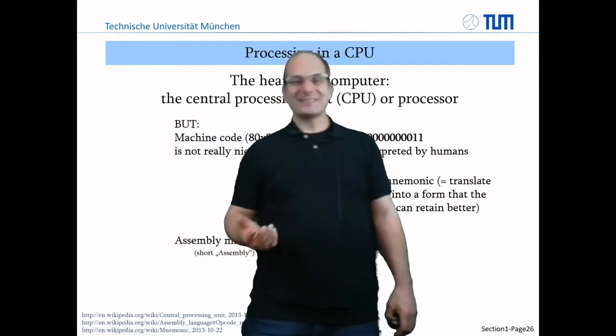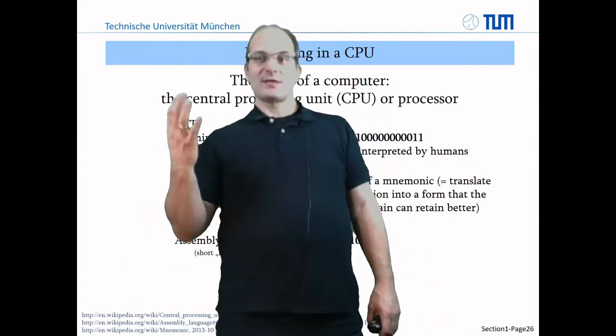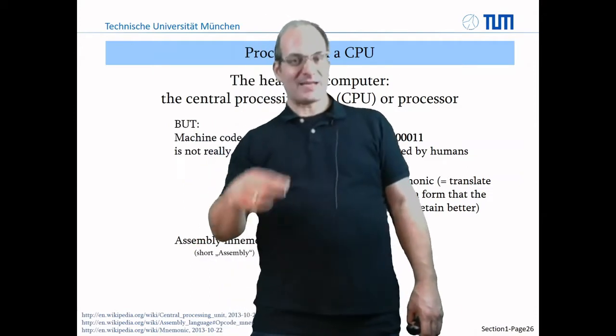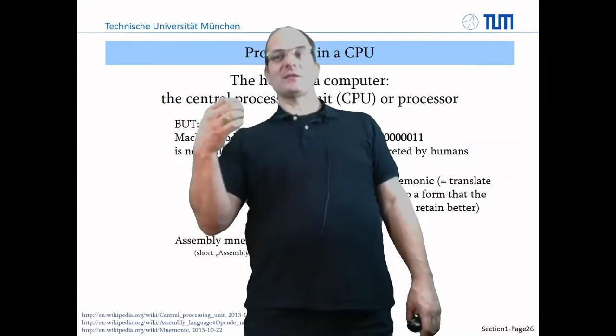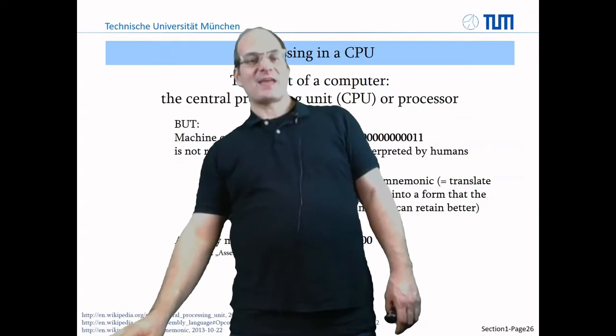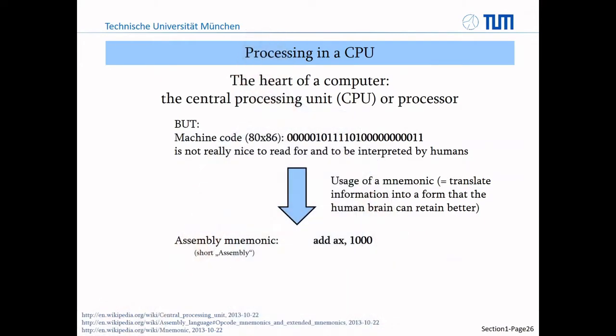So what you do is you use a bit stream as command and as number, and this is called machine code. But look at this number. This number in the AT86 version is not really intuitive. So it's not really nice for the interpretation by humans. So therefore, there was the idea to simplify these things.